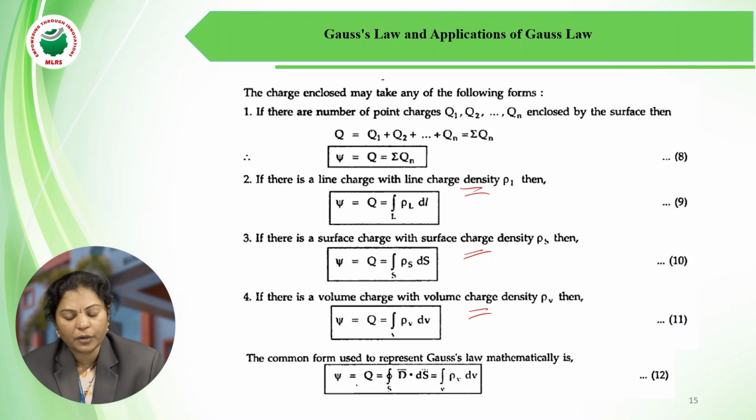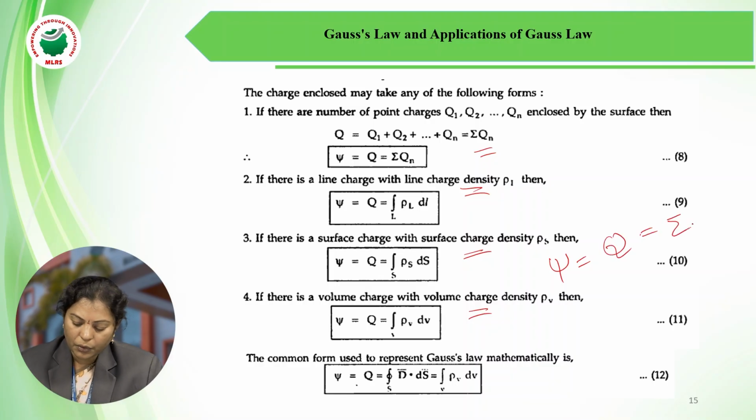If there are a number of point charges enclosed in a closed surface, that is Q1 to Qn, then the total charge is Q equal to Q1 plus Q2 plus up to Qn. From that we define the total flux as psi equal to Q, that is sigma of total charges.